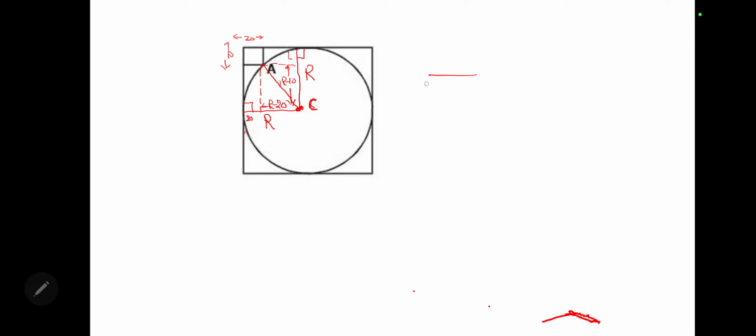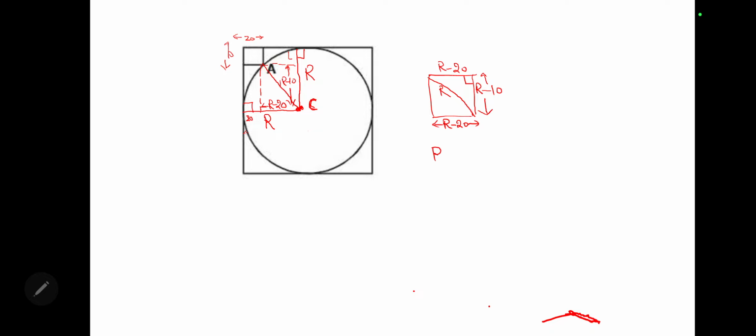So this is my r, this is r minus 10, this is r minus 20. This is 90 degrees, and this will also be r minus 20.